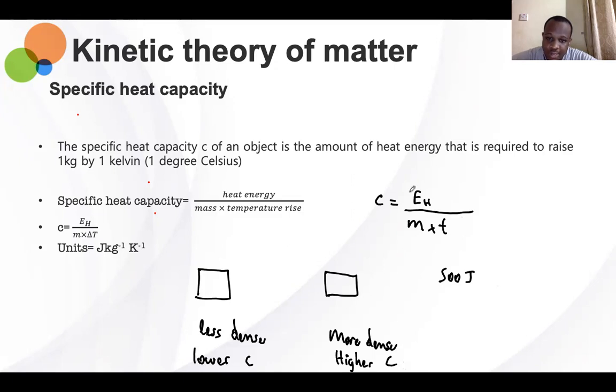This one has a lower specific heat capacity, this one has a higher specific heat capacity, just for argument's sake. And we apply 500 joules to both of them. Which one will have a greater temperature change?